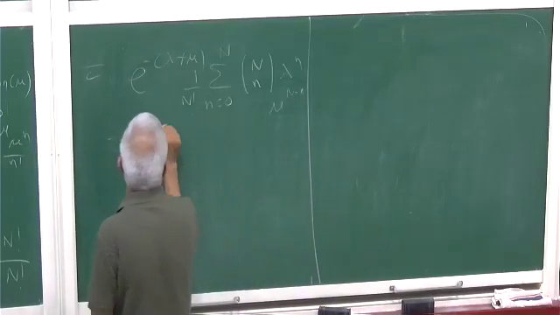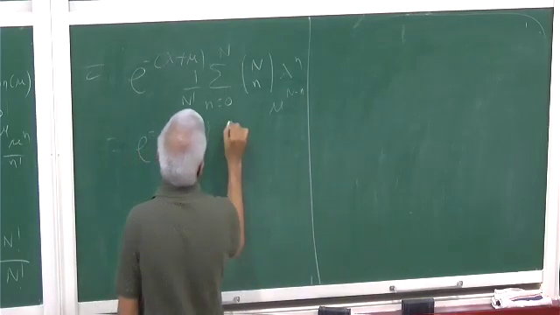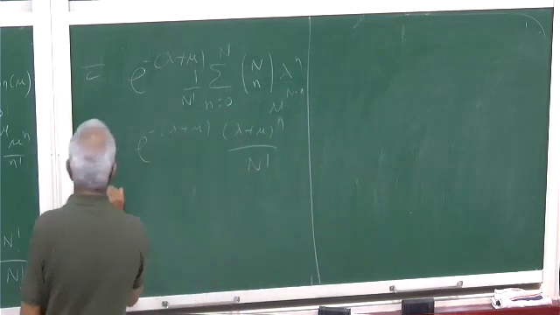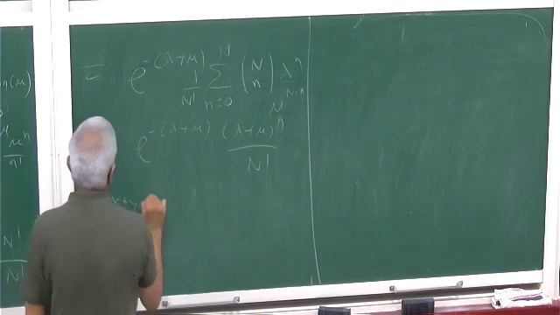So this is equal to e power minus lambda plus mu into lambda plus mu power N by N factorial.